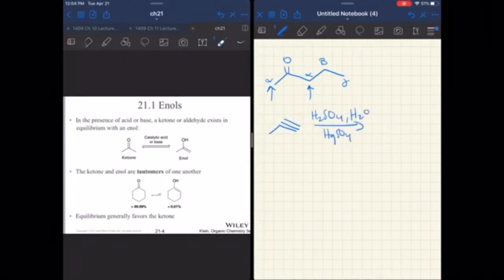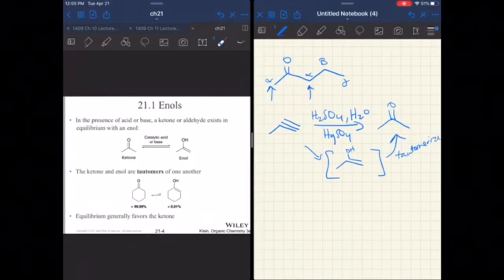You know that it goes through an enol, but it quickly tautomerizes to a ketone. So this is just a fleeting intermediate that you can't typically trap or isolate, and it continues on to the tautomer, the ketone.